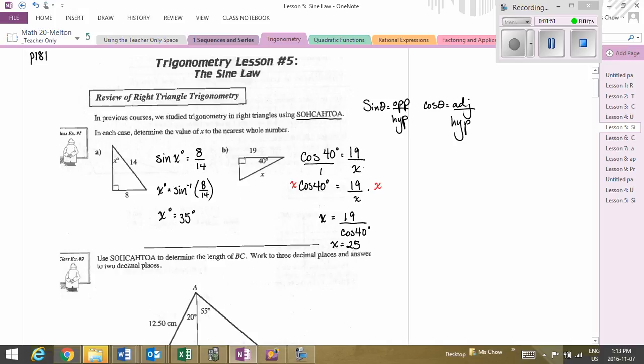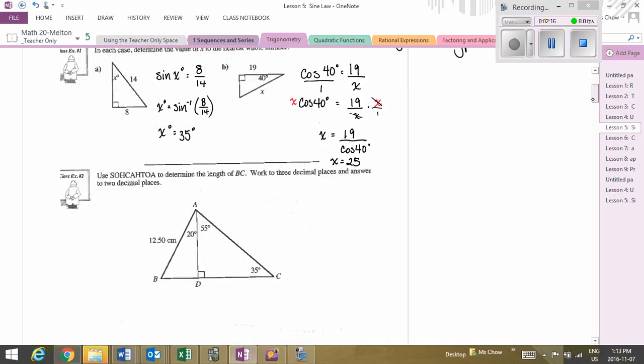To isolate the x, we first multiply both sides by x, and so the x's in essence cancel each other out because that's x over 1. So I'm left with x cos 40 is equal to 19. To isolate x, we'll divide both sides by cosine 40 degrees. So x is 19 divided by cosine 40, and that tells us that the length of the hypotenuse is 25.